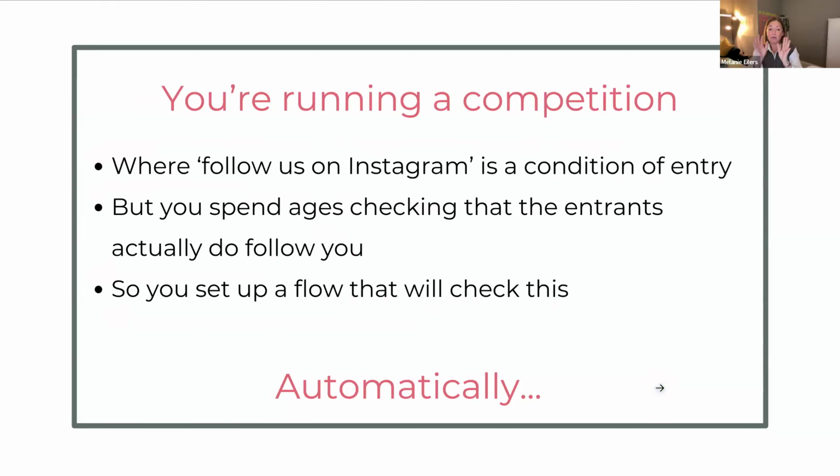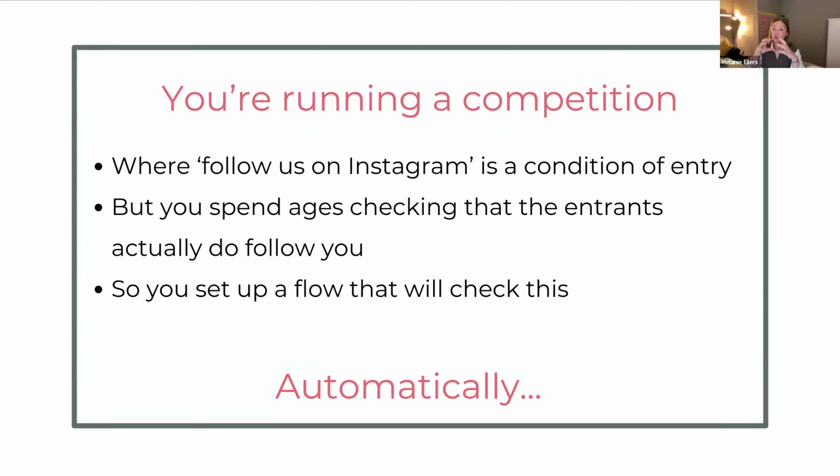Number two, if you are running a competition within Instagram, where follow us on Instagram is a condition of entry, which invariably it is for most Instagram competitions, you don't want to spend ages checking that the entrants actually do follow you. So you can set up a flow that will check that. If you bring them into the DMs for a competition, maybe they need to answer a question as well.